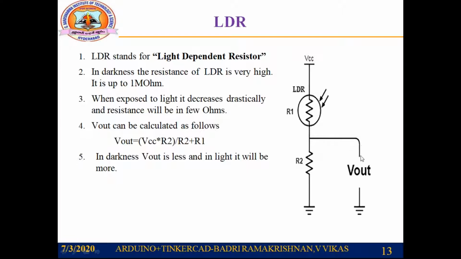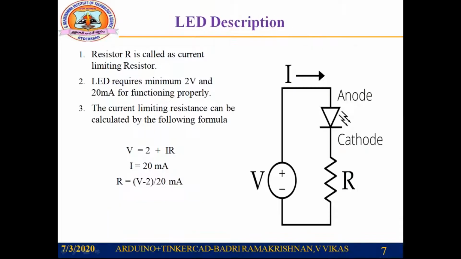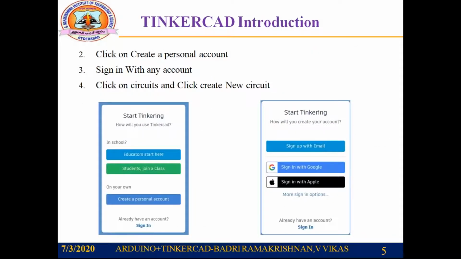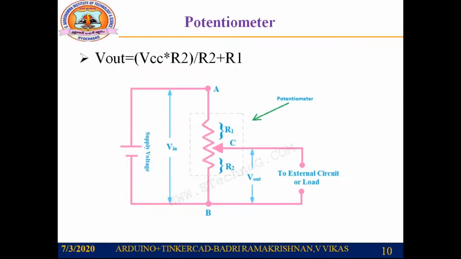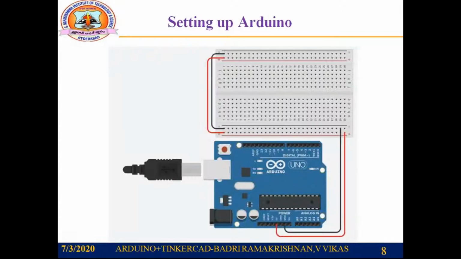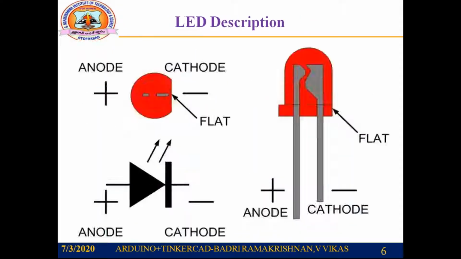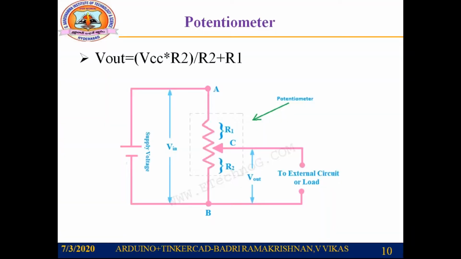Now V out we can find by using this particular formula. If you remember, we have seen the voltage divider circuit in earlier classes, right?